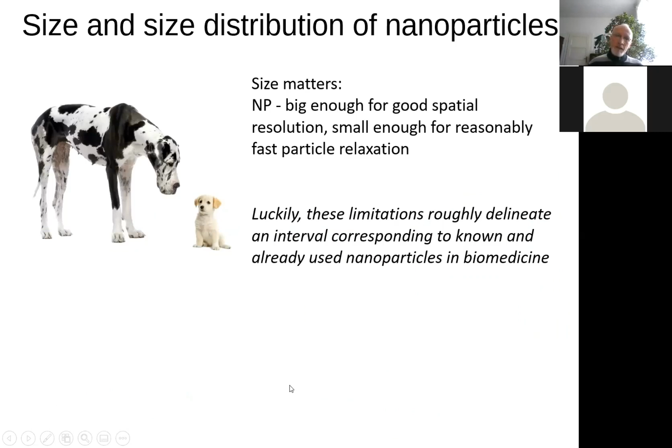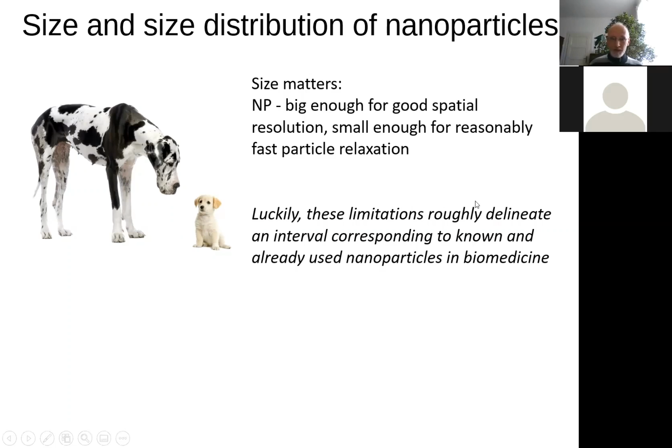So, I already showed you that the size of the particles is very important. I need particles which are big enough for good spatial resolution, but small enough for reasonably fast particle relaxation.